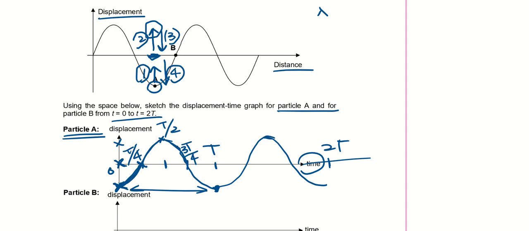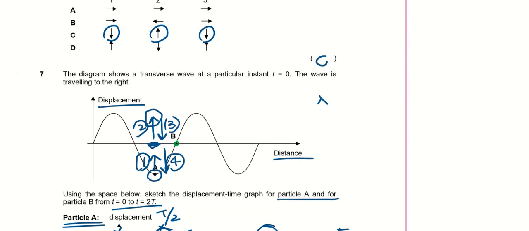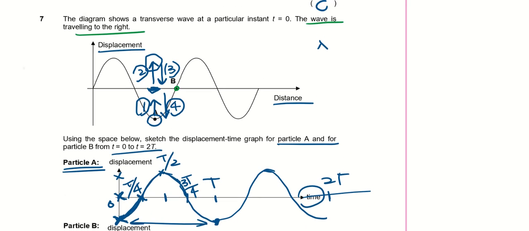Now let us look at B. B is here, and the wave is traveling to the right. Compared to A, it's slightly more difficult because I don't know whether B will be going up or down. For A, it's very obvious.